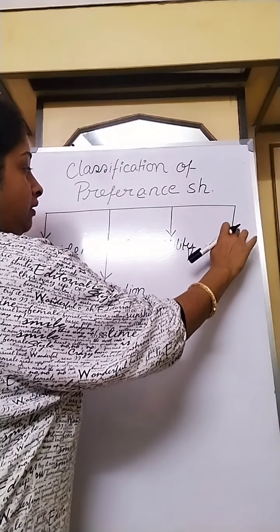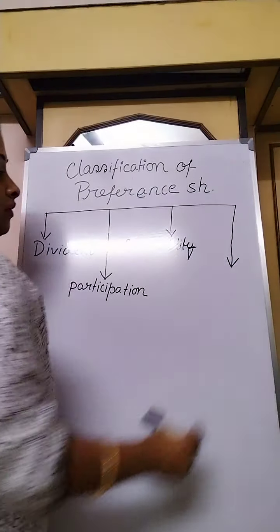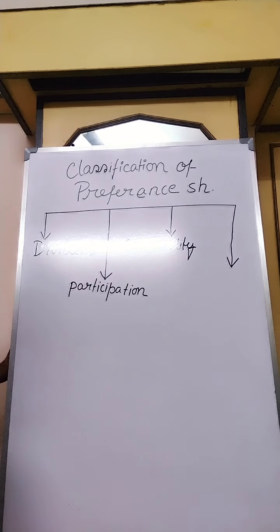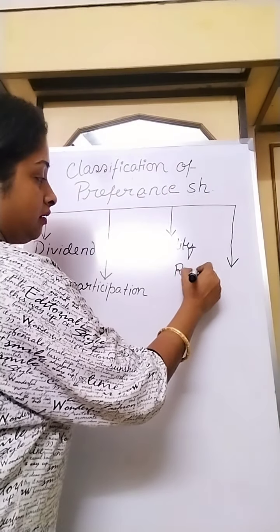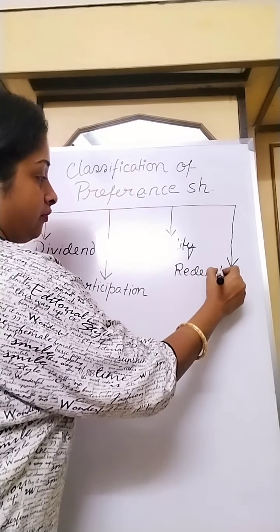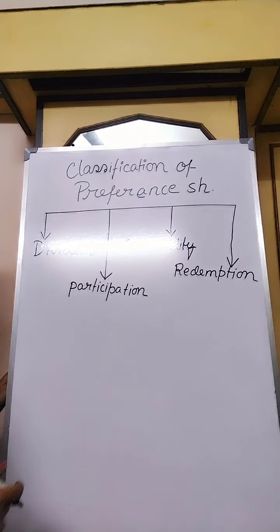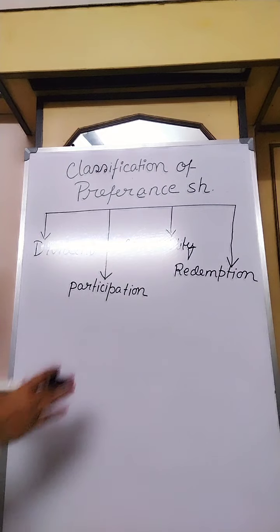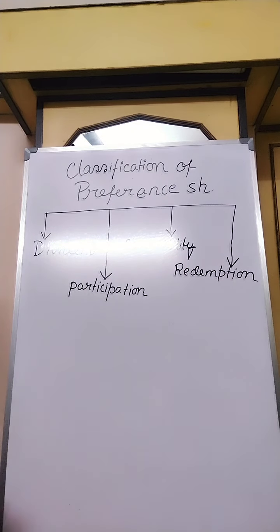And fourth category is with reference to redemption. So you can see that preference shares can be classified under four distinctive categories on the basis of four references.